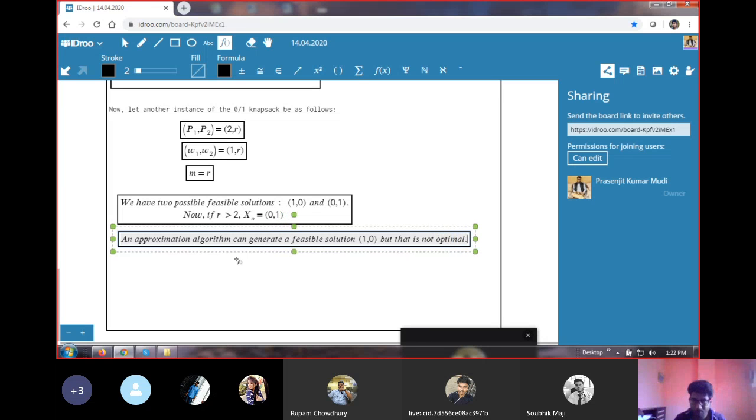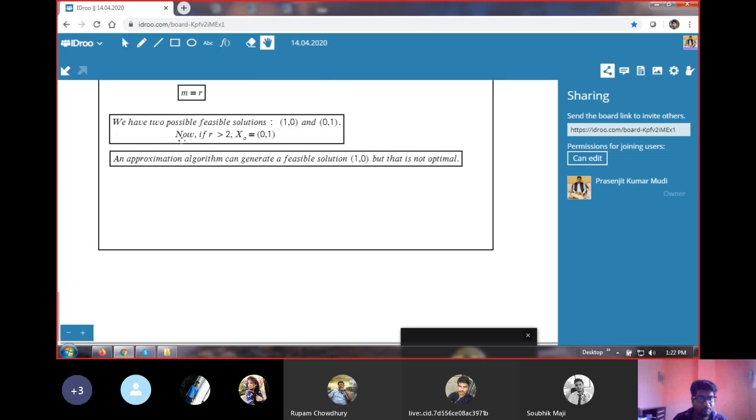It's possible. One may encounter that. So if I go for an approximation algorithm, I may not get an optimal solution, for example, this case.